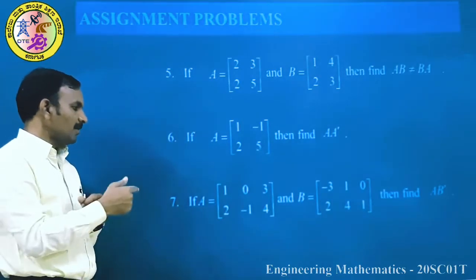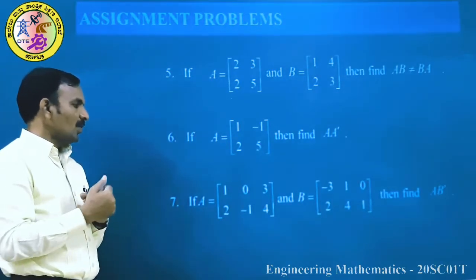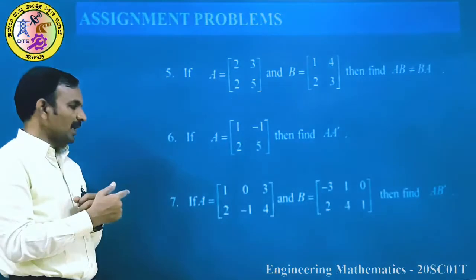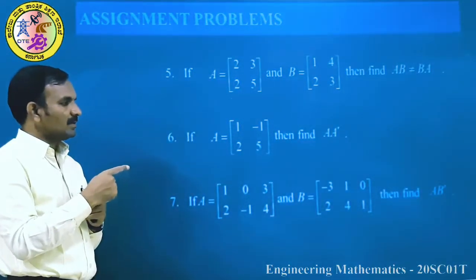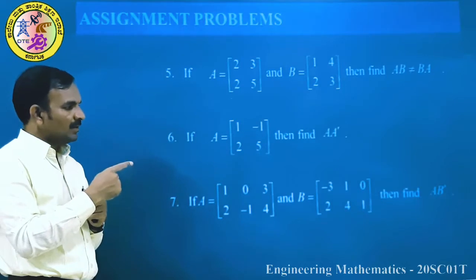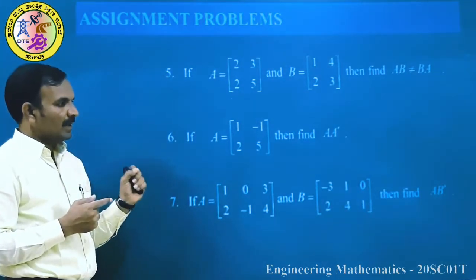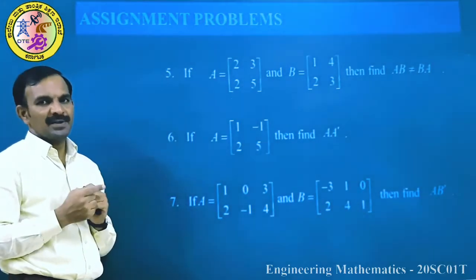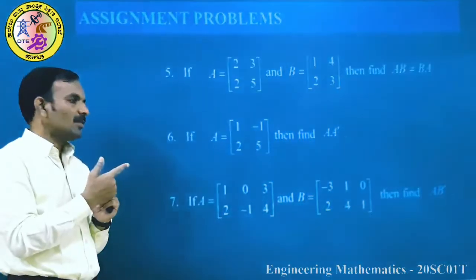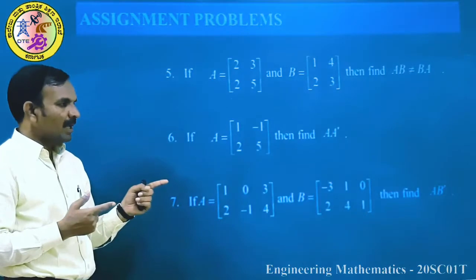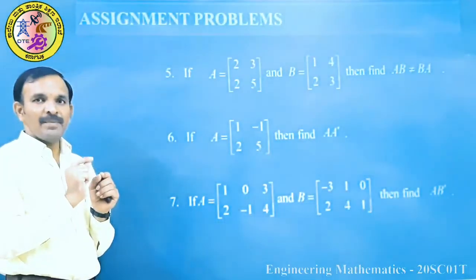Seventh example, if A equal to [1 0 3; 2 -1 4] and B equal to [-3 1; 0 2; 4 1], then find AB dash. First you have to find B dash, then A into B dash. A is given, B is given, you have to find AB dash.